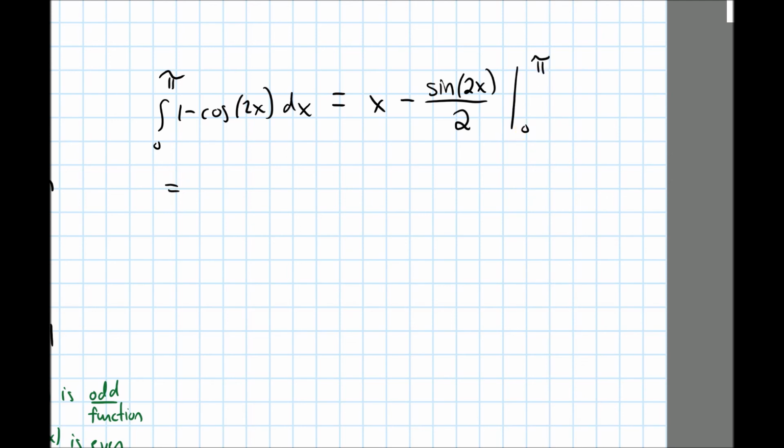Before I even plug pi in, I noticed that with the sine of 2x term, if I plug pi into that and get sine of 2 pi, or if I plug 0 into that and get sine of 0, it's going to be 0. So this term is going to be 0 when I plug in these two values. When I plug pi in for the x, I get pi. When I plug 0 in, I get 0, so I have minus 0. So I have pi.